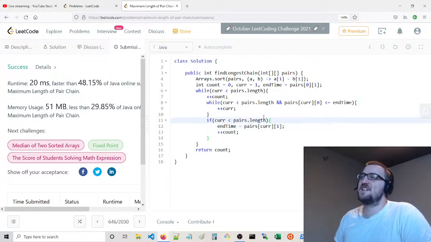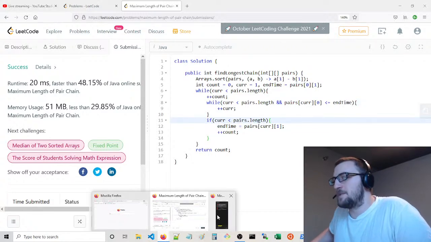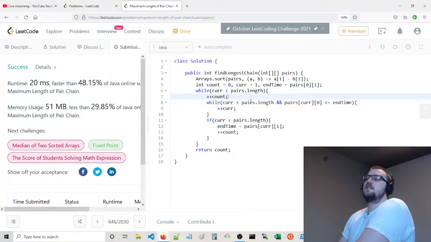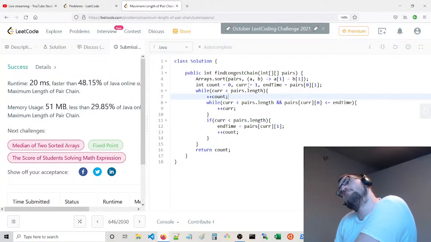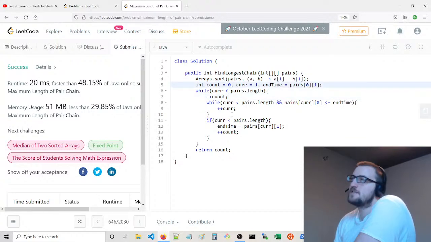Wait a minute. He did something really clever. We didn't have to have as many branches, and so it was more efficient, quite a bit more efficient. How did he do this?